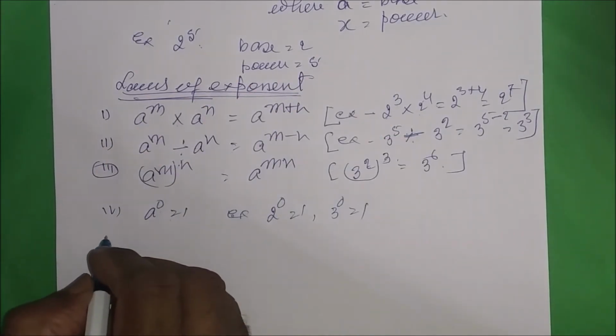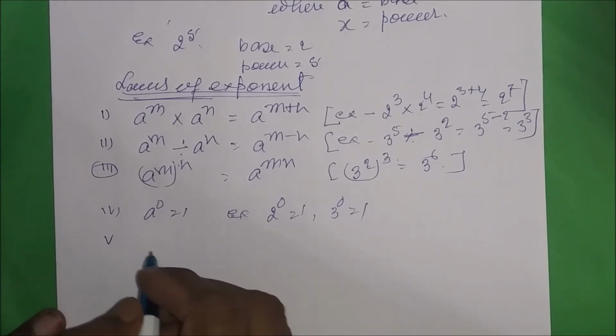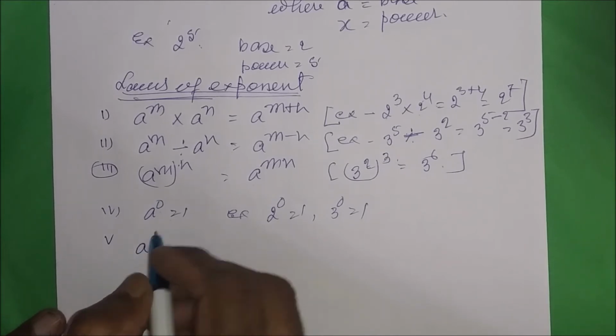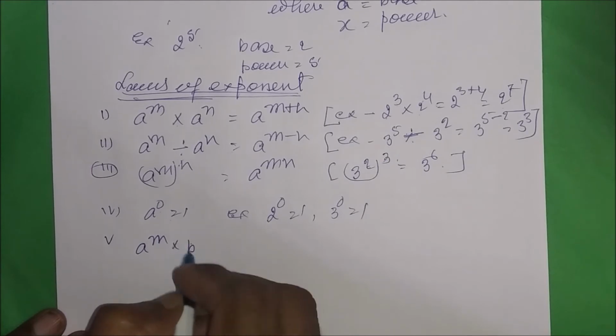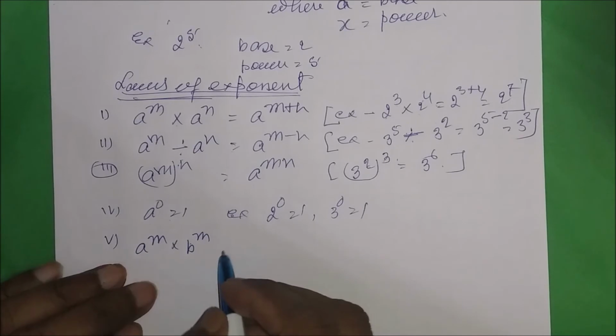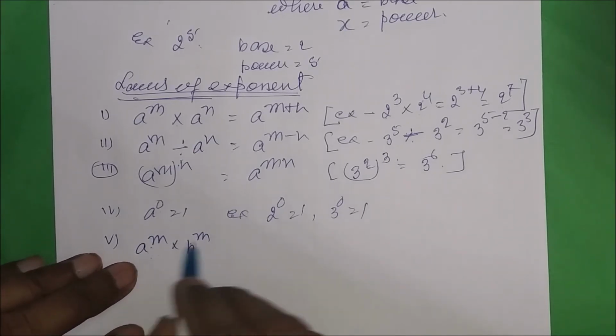Now the next one: a to the power m into b to the power m. Here the bases are different, but the powers are equal.